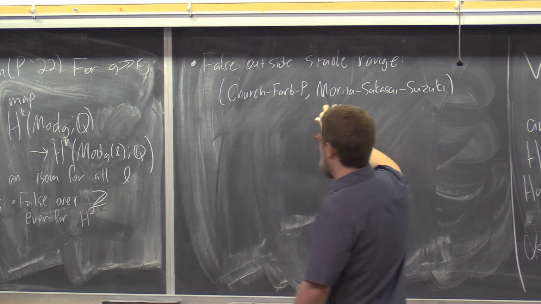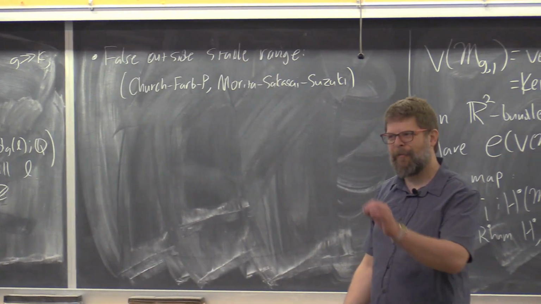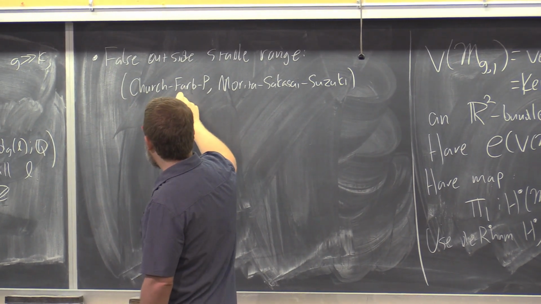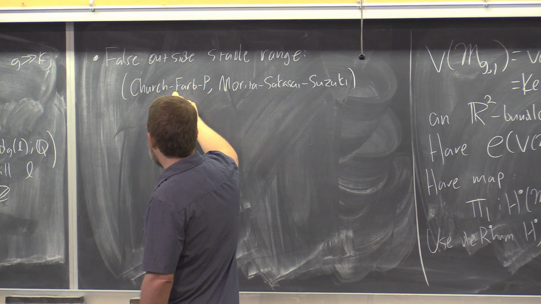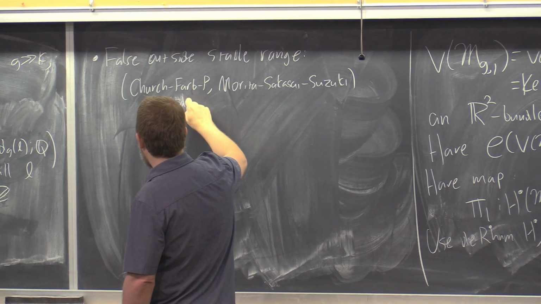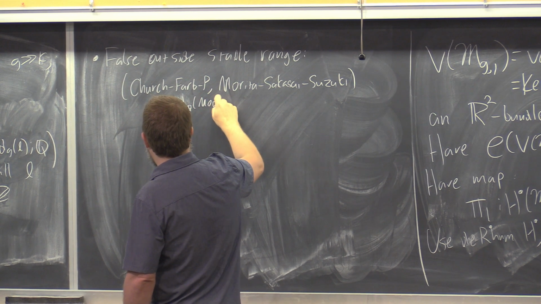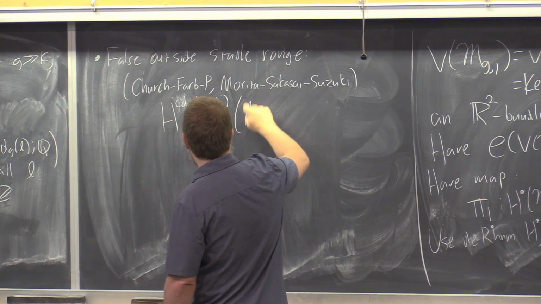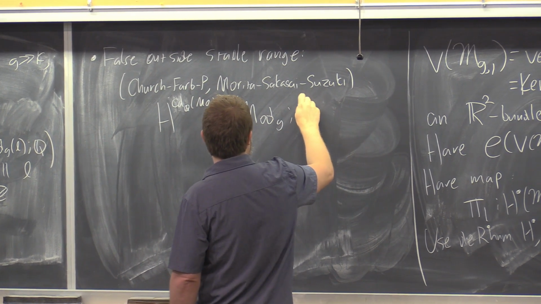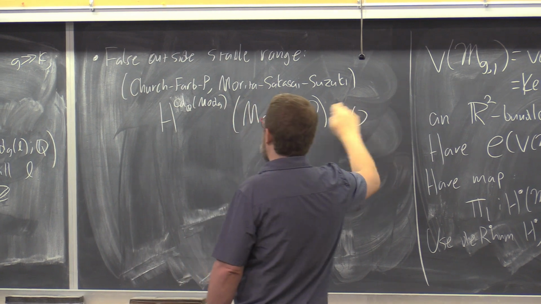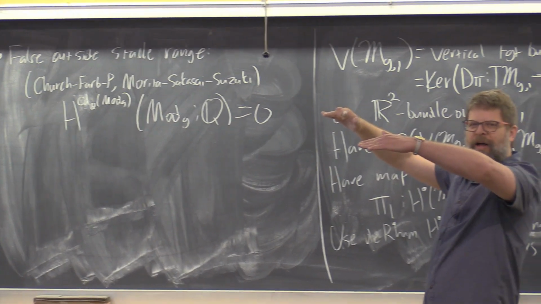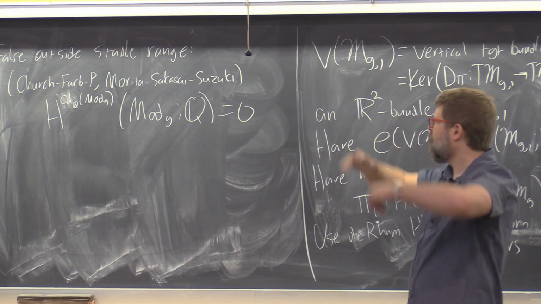This is the same Morita classes. If you take the rational cohomological dimension, CD_Q of Mod_g, the top cohomology with Q coefficients is equal to 0. So what was a theorem? Cohomology of SL_N(Z) was 0. The same thing happens here.